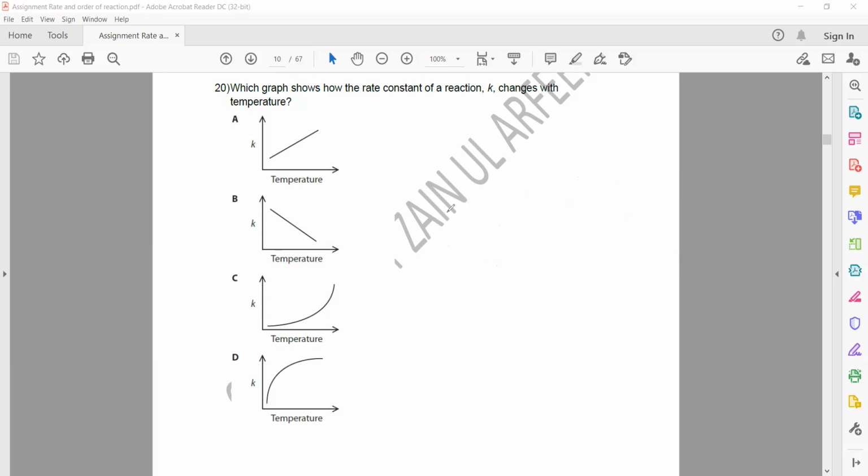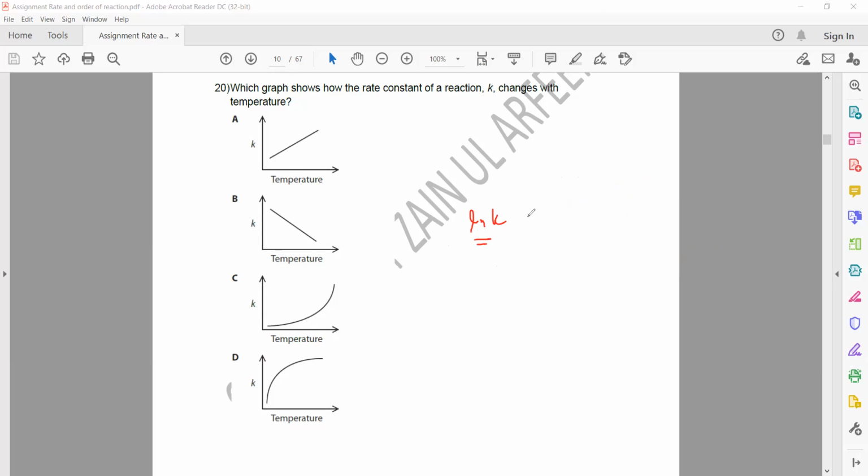But when there is a negative sign, as you can see, we have the formula log K or ln K. What is the purpose of the ln? The purpose of ln is just to reduce the value.